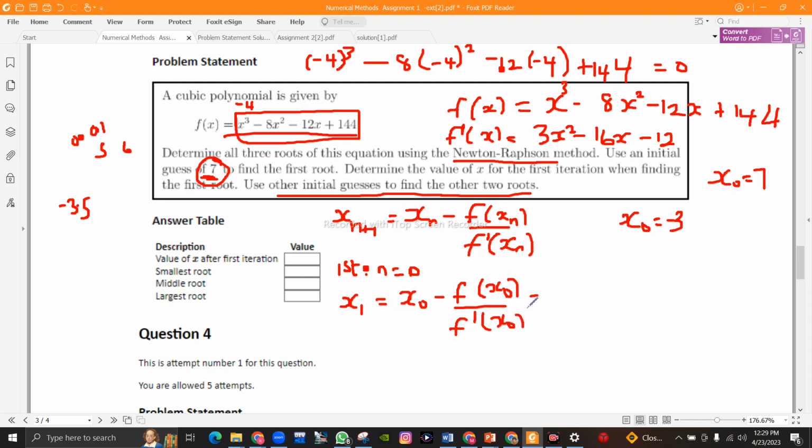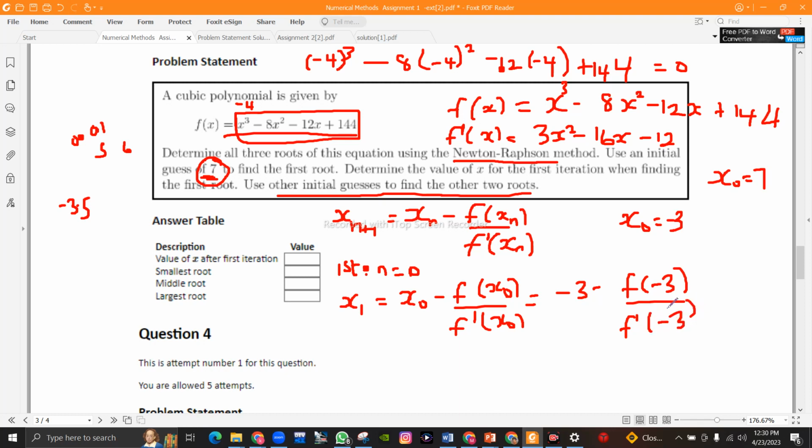So what's our x0 now? It is -3. That's -3 minus f of -3 divided by f prime of -3.